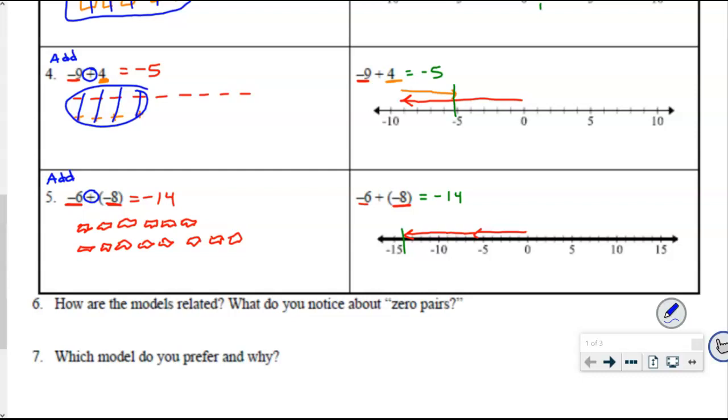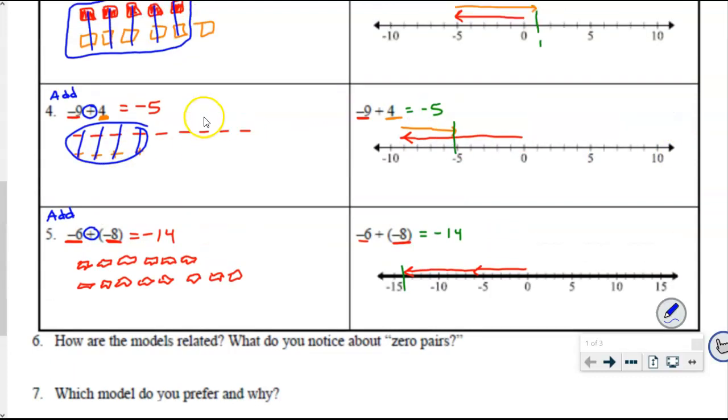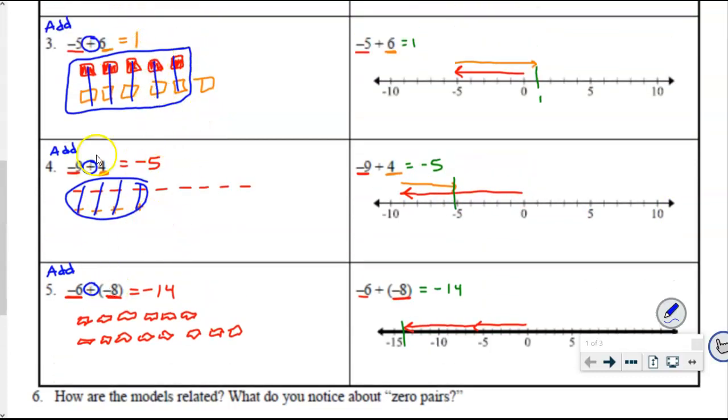Blake? Well, so we're not really comparing each of the problems so much as we are comparing the left side with the right side. So are the models related? Like if we're using counters, is that related to when I'm using the number line? Braxton?